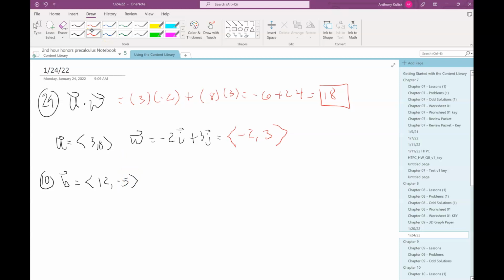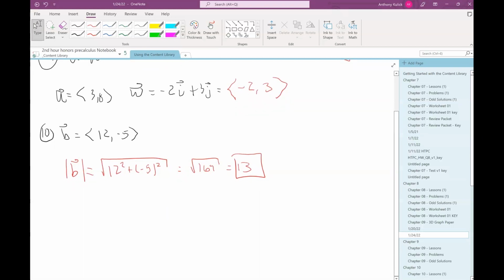Okay. So I'm going to start with the magnitude first, since that's just a formula. So 144 plus 25 is 169, which is just 13.